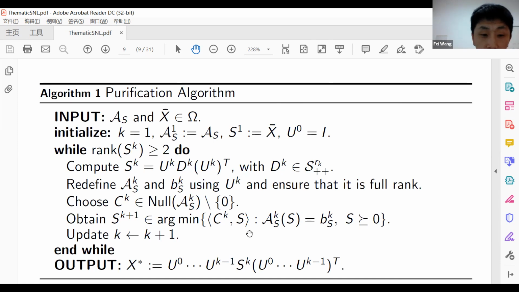The key idea is to find the CK which is in the null space of ASK, nonzero, and then solve this problem. The optimal solution of this problem will be rank deficient.